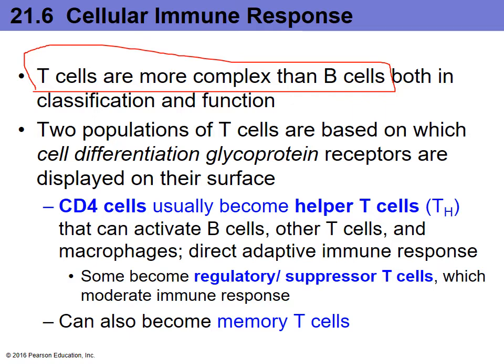Now, within the T cells, what we see happening is that there are two main populations. And this is all based on the fact that they have differences in the receptors on the surface of these lymphocyte cells. You can either have what we call a CD4 cell, or, on the next slide, we'll talk about a CD8 cell. The CD4 cells are naive versions of the T cells that will eventually become helper T cells.